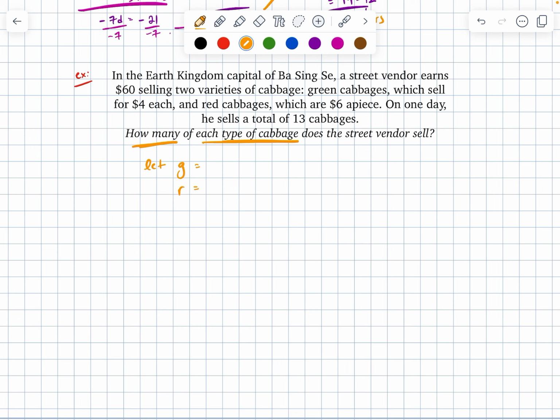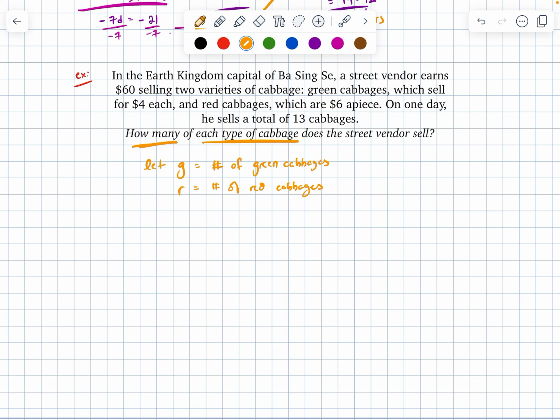And then red cabbages, I'll choose R for red. Specifically, I want how many of them. So I'll say G will represent not just green cabbages, but the number of green cabbages that our vendor is selling. And then R will be the number of red cabbages that we sell.